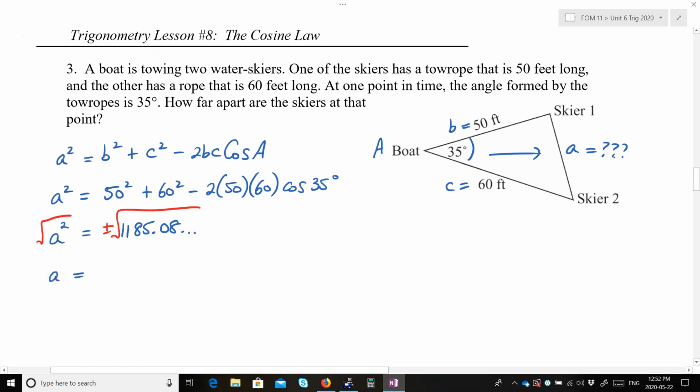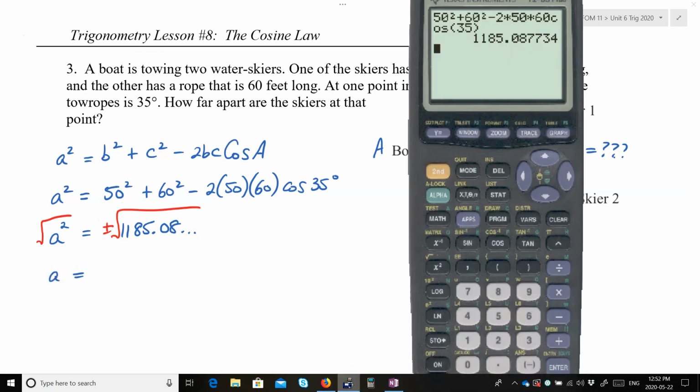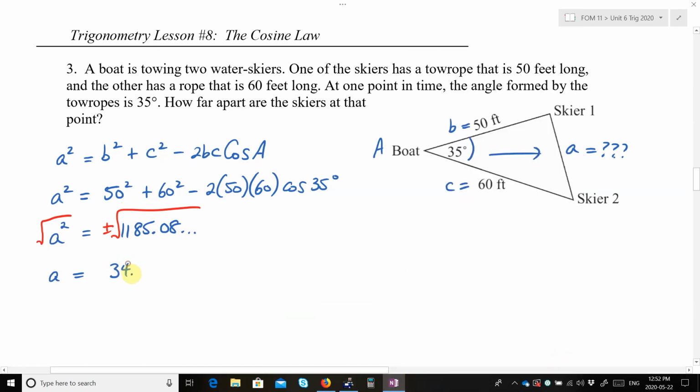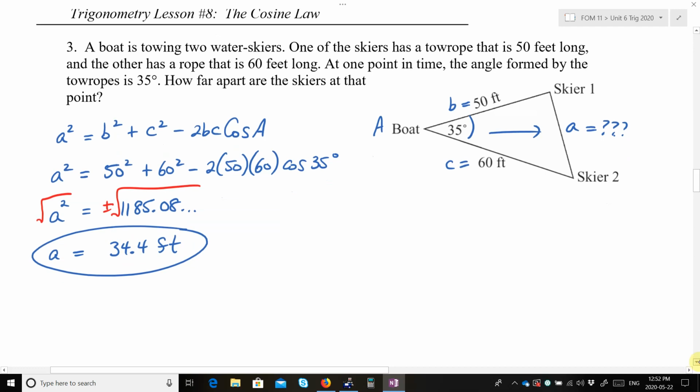So we get A is equal to second function x squared, second function negative sign, square root of that answer, 34.4. And I'm going to drop the negative answer because this is a length in feet. Okay, and the answer key says that is good.